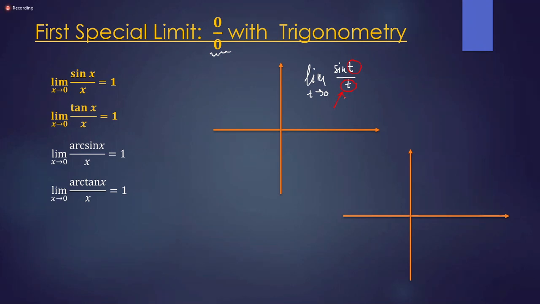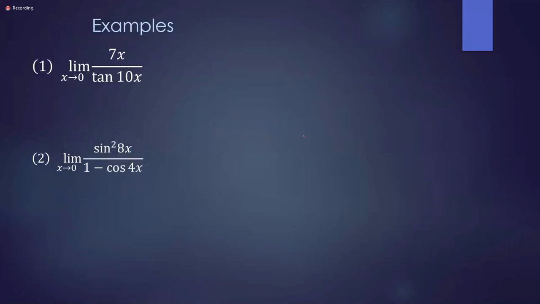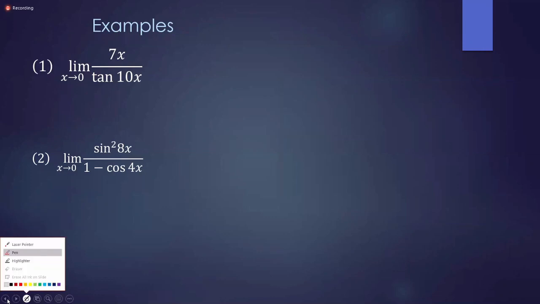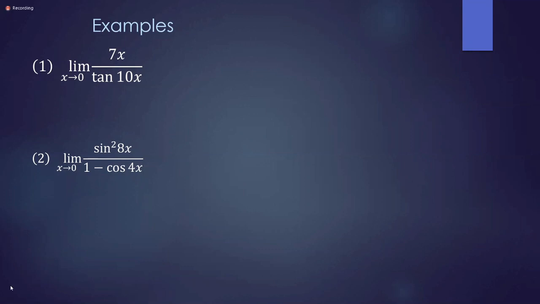So now I have a couple of examples for you. I made some more examples in addition to those that we considered last time in class. So in this case, we would like to see evidently t over tangent t, because tangent is below the fraction bar and 7x is above.